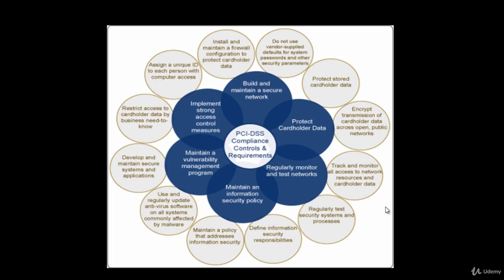The fifth point is to maintain a vulnerability management program. Here, the stipulations state that antivirus programs should be used to their full extent across the network with regular updates, and security processes should be properly implemented to pave the way for security systems and applications. The sixth point is to implement strong access control measures.